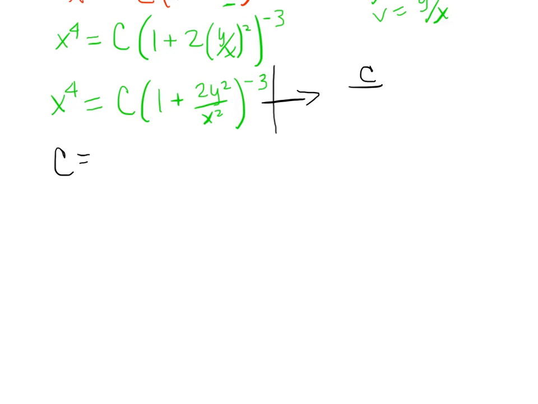So this over here was really c divided by the quantity of 1 plus 2y squared divided by x squared. So in order to clear out that denominator, I really have to multiply the other side, which is x to the 4th, by that denominator. So I end up with c is equal to x to the 4th times a quantity of 1 plus 2y squared divided by x squared, and then we're done.